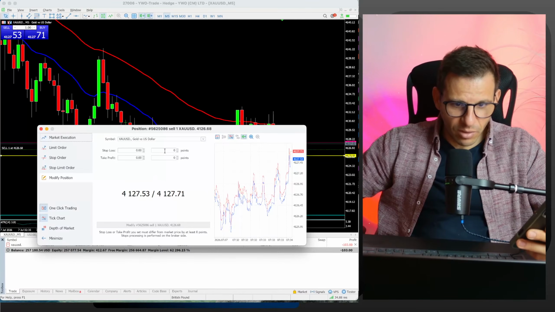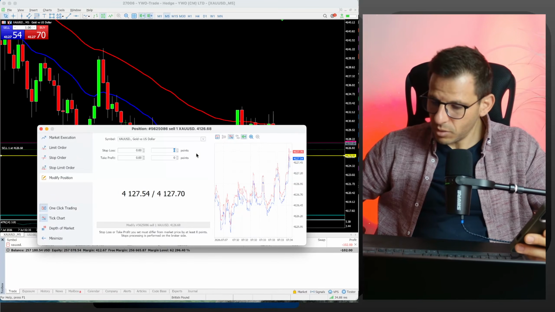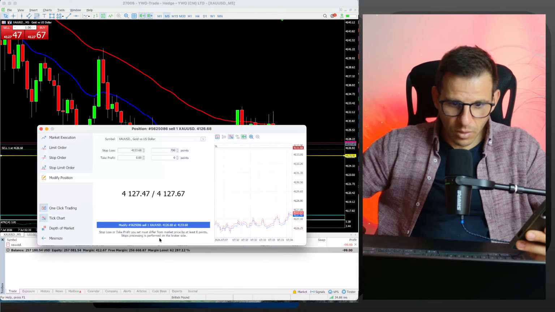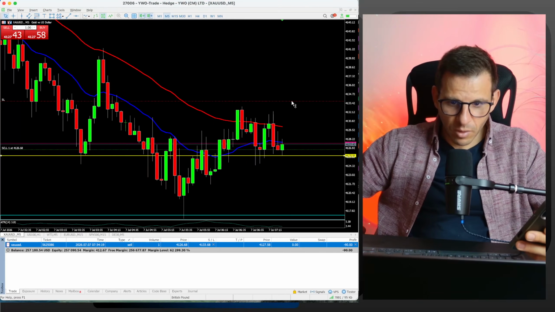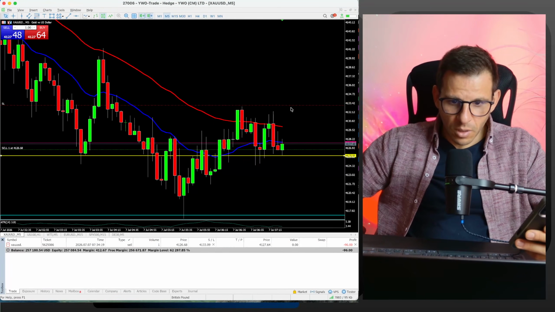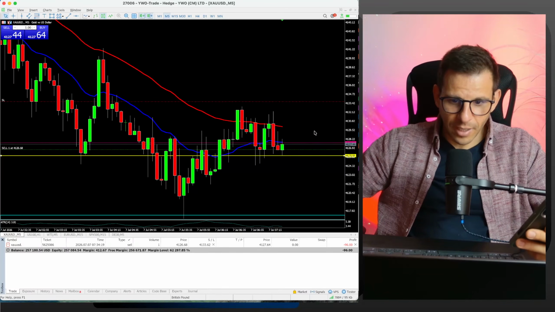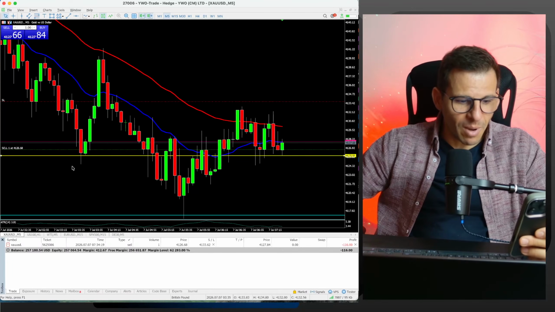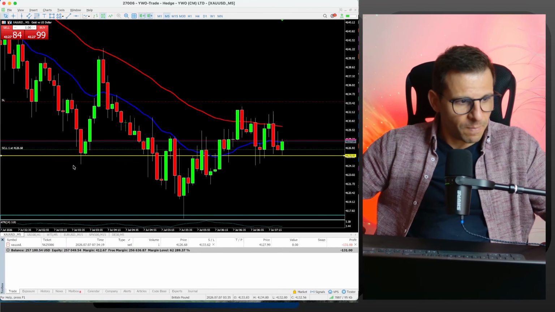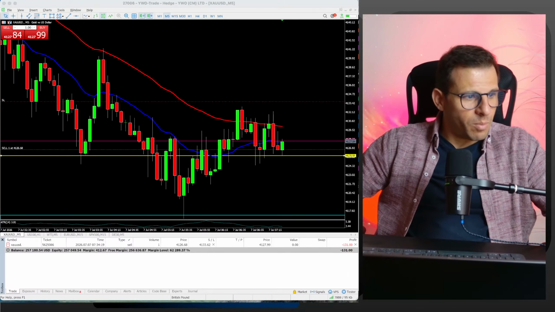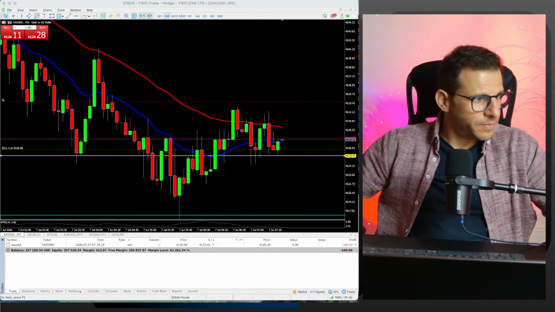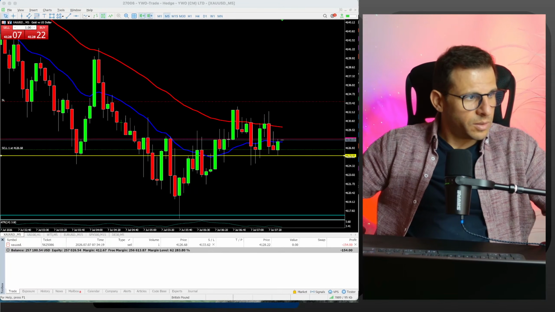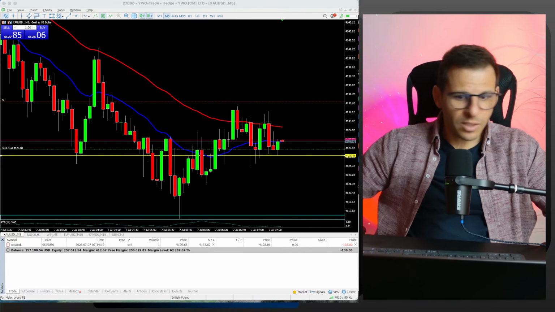Never go in the trade without stop loss. Never. Okay, so now I have a trade with the trend. I'm selling here because of this market structure, and let the probabilities play out. Use probabilities in your favor.